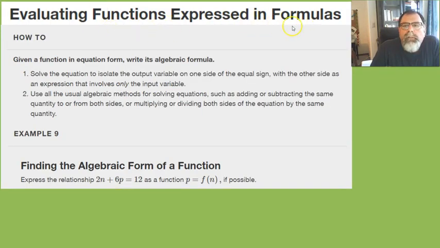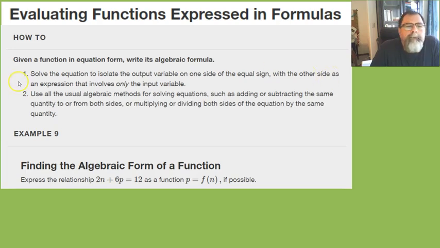Evaluating functions expressed in formulas. How to: given a function in equation form, write its algebraic formula. So your first step, solve the equation and isolate the output value. If your output value is y, you want to get y equals and then everything else.